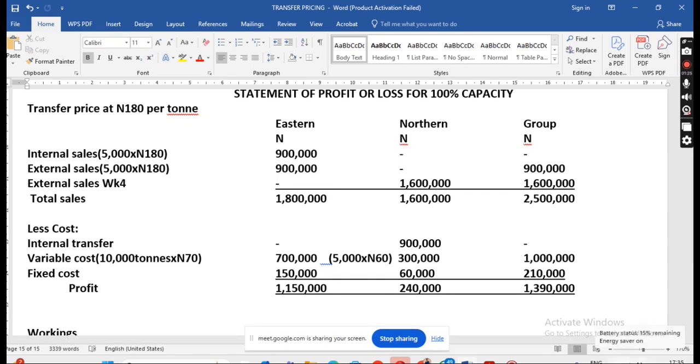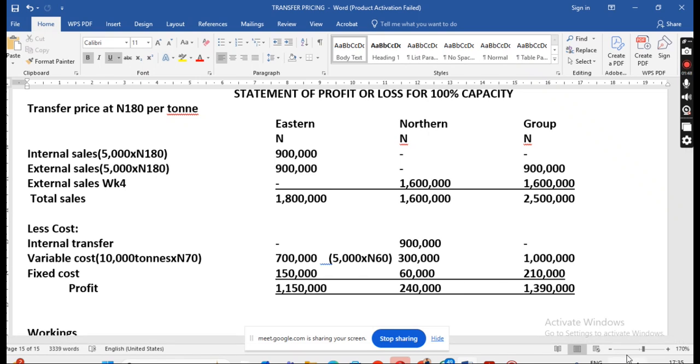So if this is 1.8, so what do we have as profits?